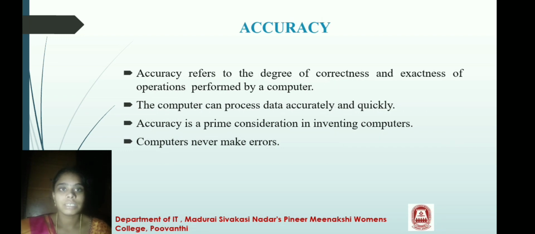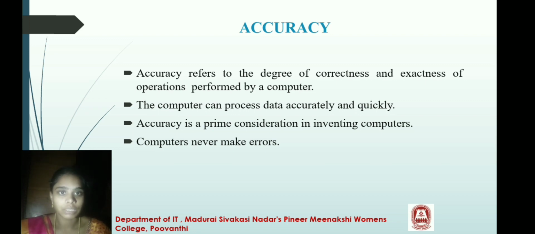The second one is accuracy. Accuracy refers to the correctness of the data or result. The result provided by the computer is a proven one. Whatever calculations are performed by the computer, the result will be accurate and error free.